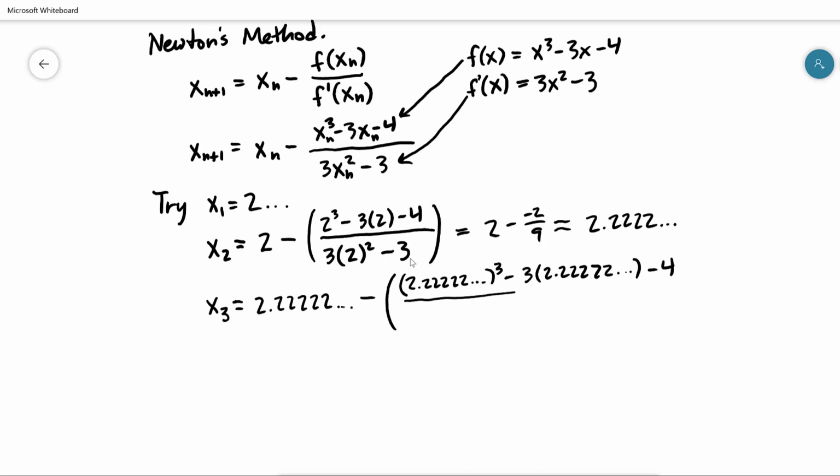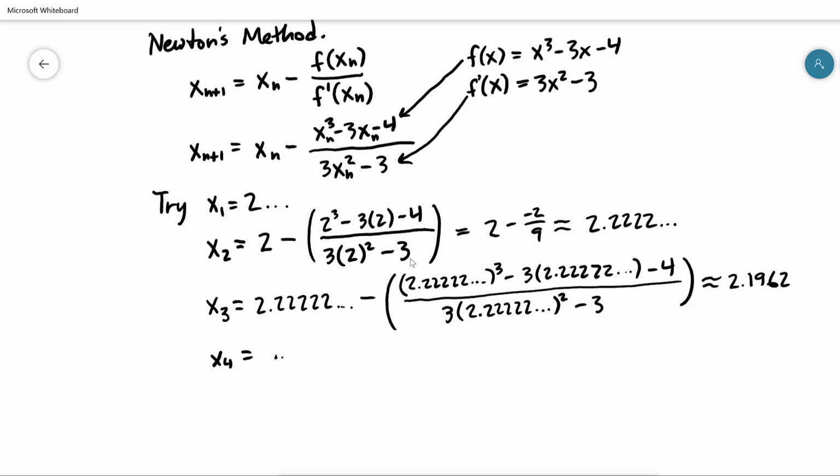There's our big, long, hideous numerator over 3 times 2.2222222 squared minus 3. And we would plug that in, and it would give us a number that was approximately 2.1962. And we would do that to find x4.